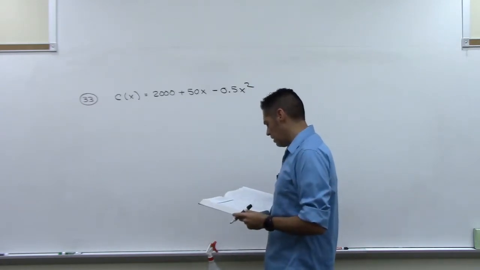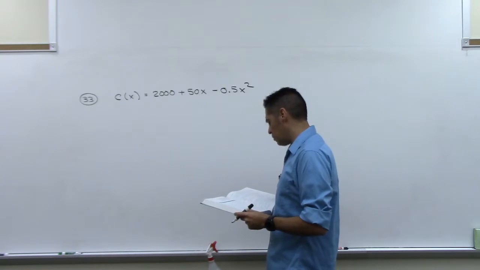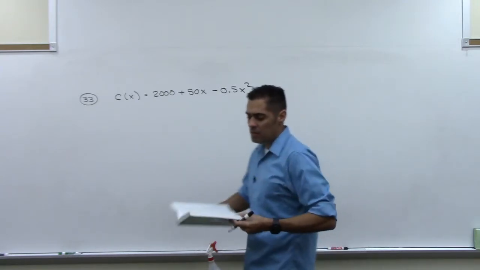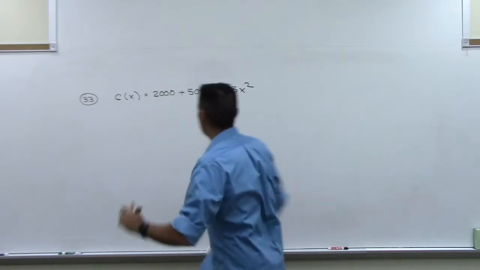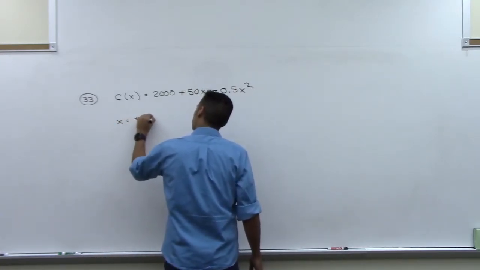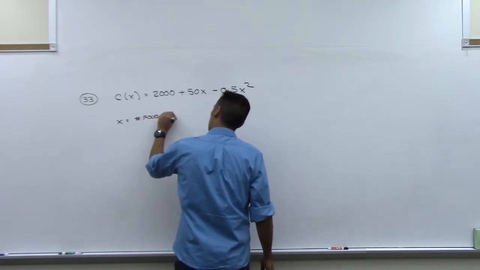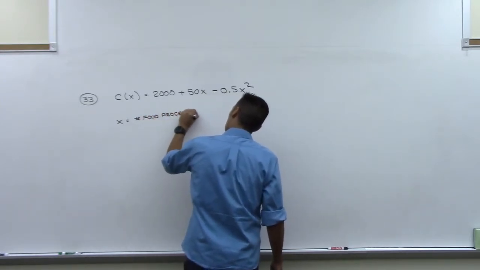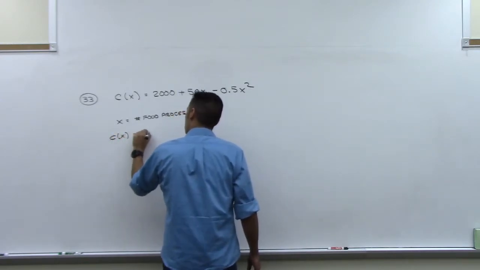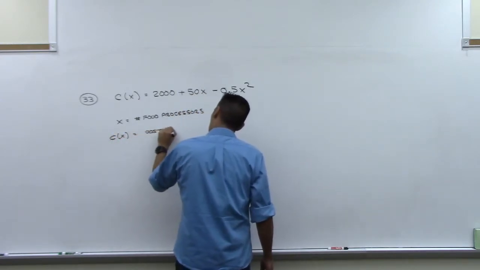And it's the cost in dollars of producing X food processors. So X is the number of food processors. And C of X is the cost in dollars.